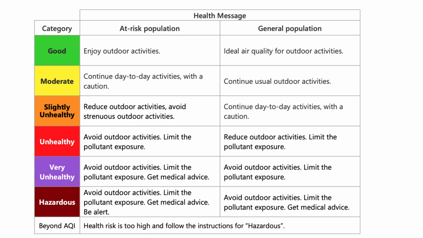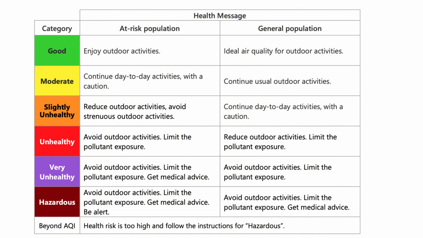Let's look at what the health messages incorporated with these categories are. So green, which is good, the health message has two categories. One is for the at-risk population and the other for the general population. At-risk population means the people who are hypersensitive and with respiratory health issues.